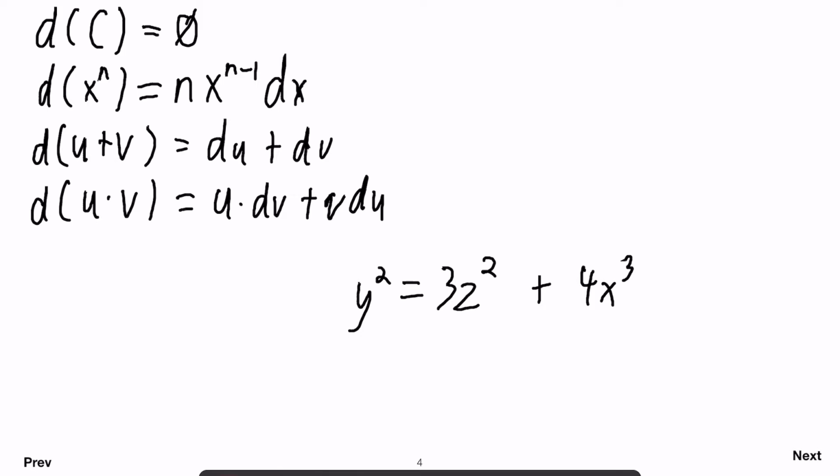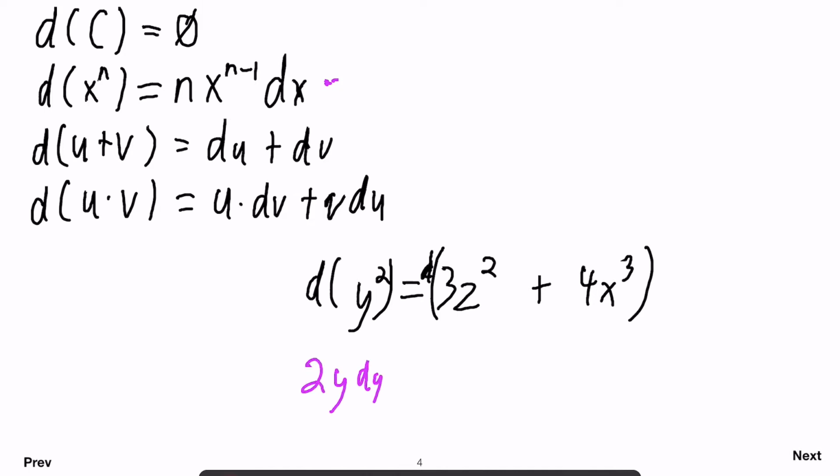So what we can do is, you can do anything that you want as long as you do it to both sides. So we'll take the differential of both of these sides. The differential of y squared is 2y dy.